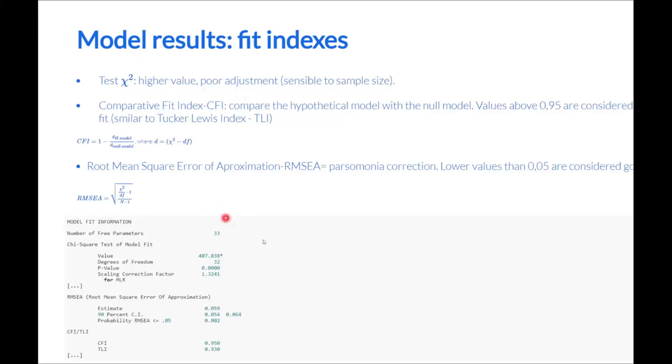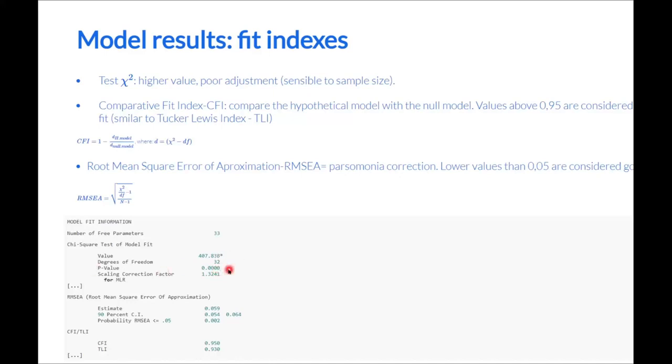The null hypothesis is that the matrix we estimate based on our hypothetical model is very close to the sample matrix, and here we don't want to reject the null hypothesis. And what happened here? The p-value is very, very low. The probability that these two matrices, the hypothetical matrix and the sample matrix, are similar is very, very low.